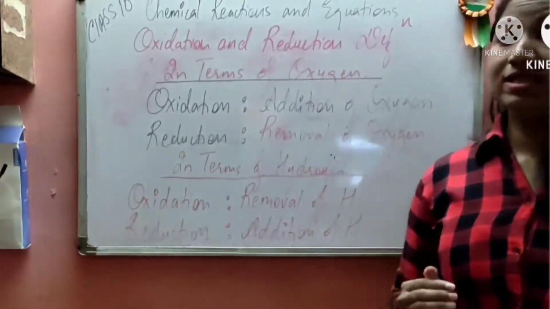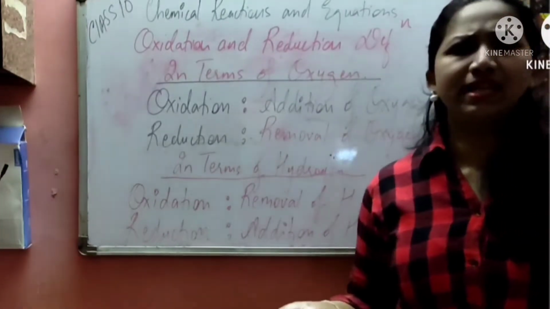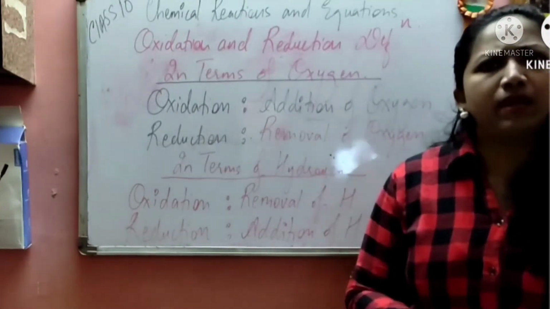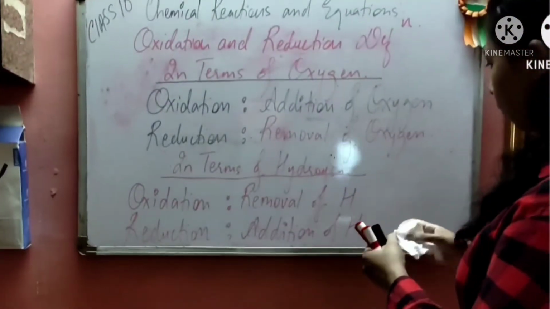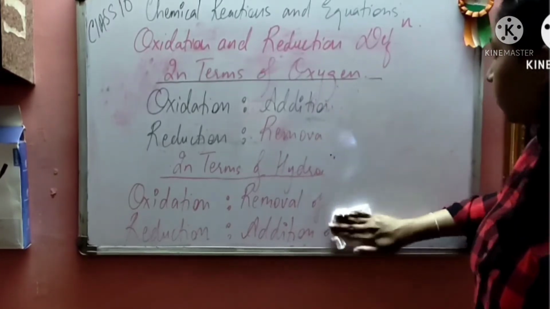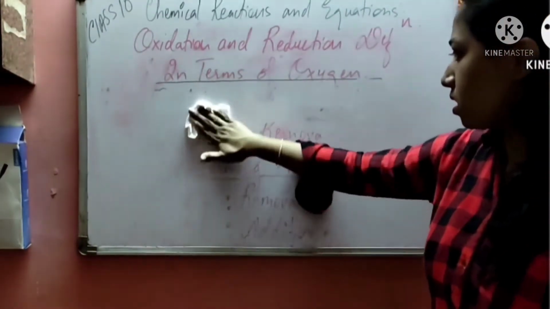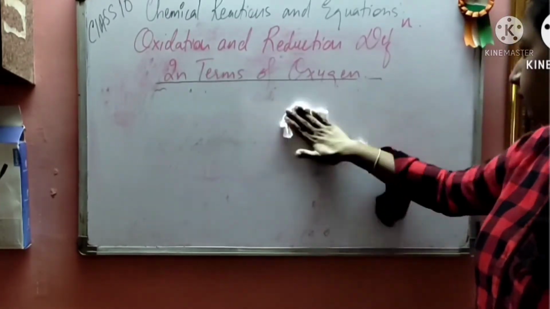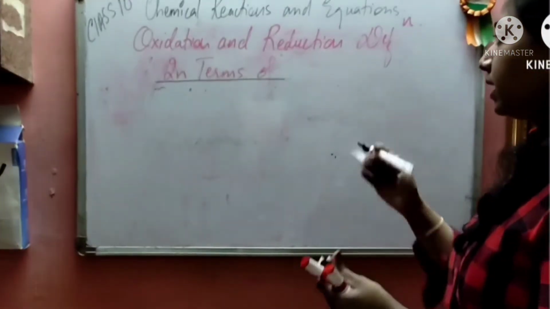Now we'll see it in terms of electrons. What happens when oxidation takes place, and what happens when reduction takes place, in terms of electrons?